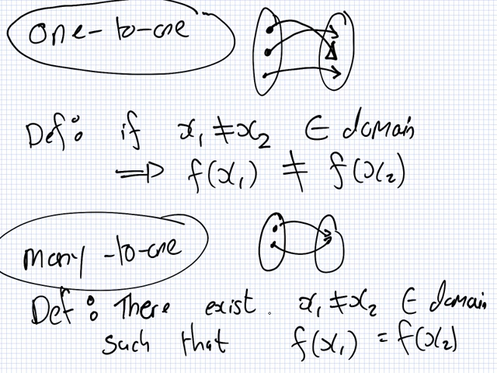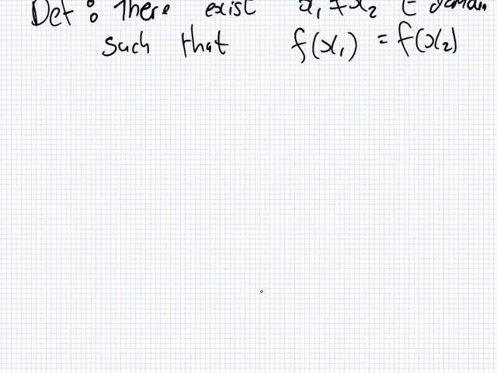As an example. Okay, so write this definition down, and then we have, you can probably guess now, 1 to many, and then many to many.